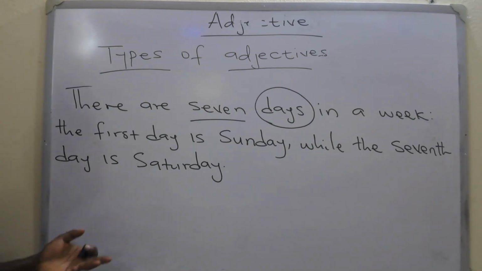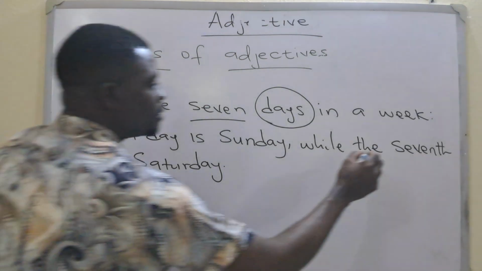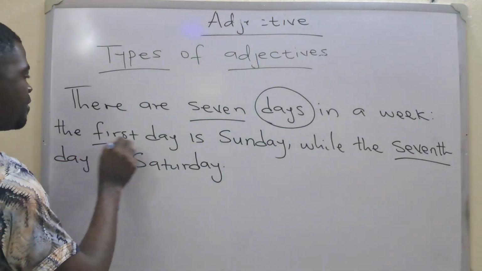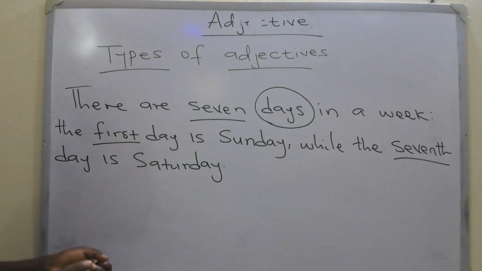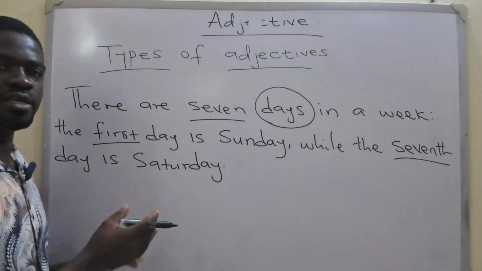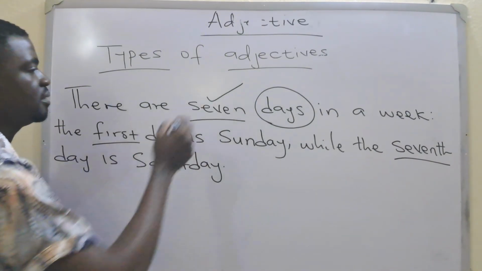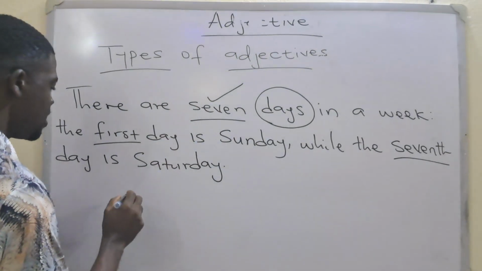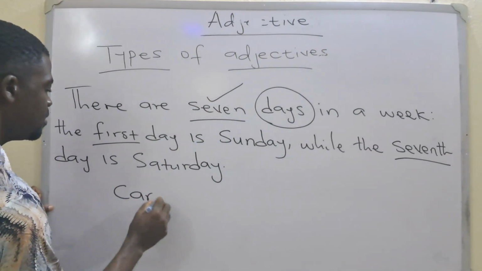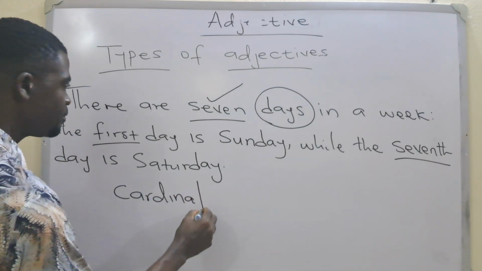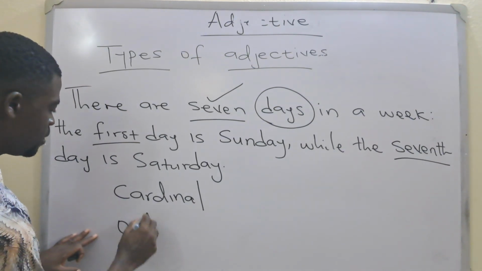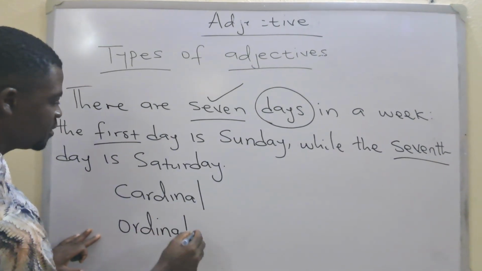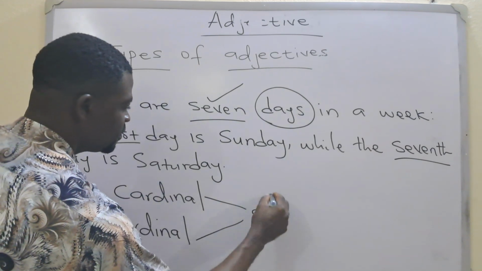The first day is Sunday, while the 7th day is Saturday. 7th and first are also numerical adjectives, but they're not working or functioning in the same way as this one. So the 7 here is a cardinal numerical adjective, while first and 7th here are ordinal numerical adjectives. So they are all adjectives.